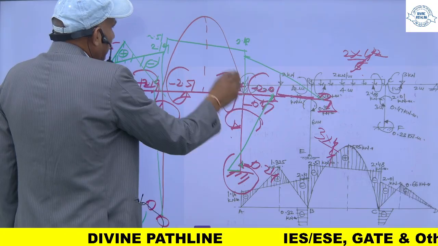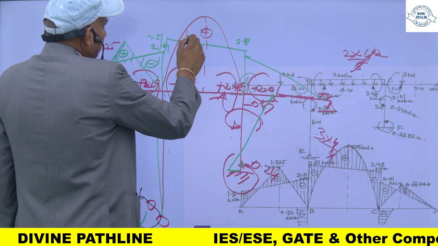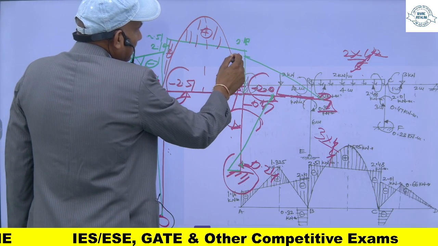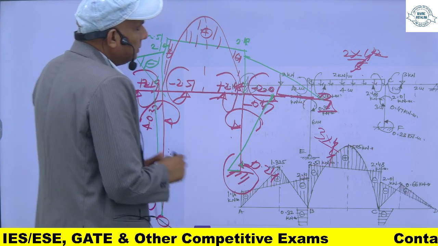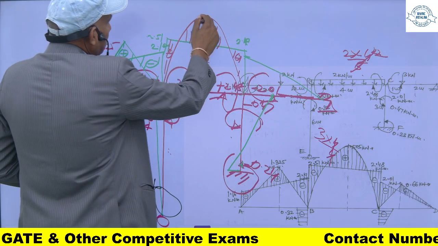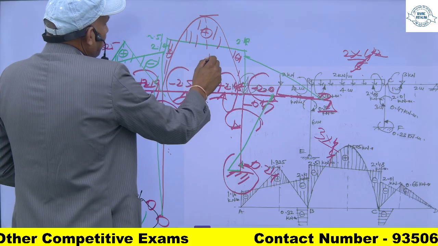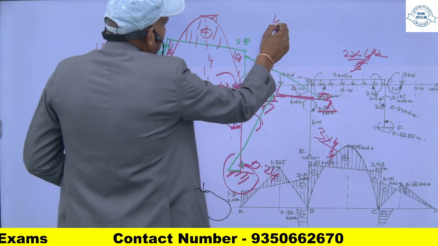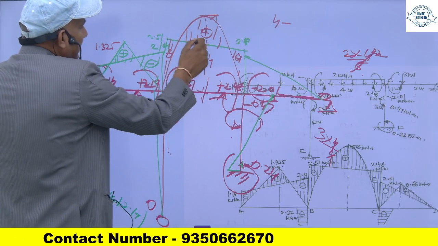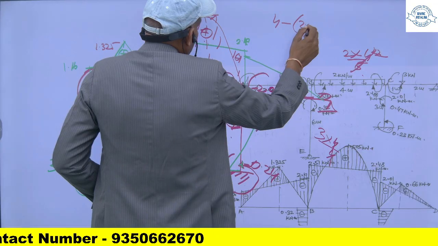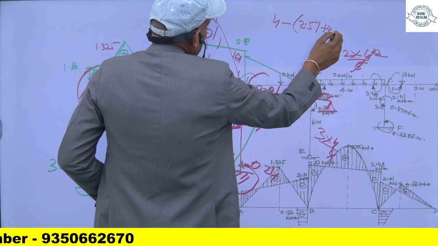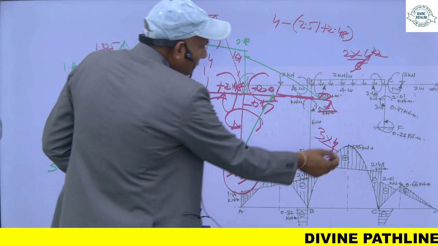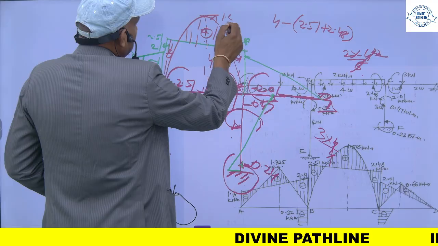This will be parabolic. So this is 4, total is 4. This total is 4. So exactly mirror, this will be 4 minus average of this and this exactly at the center. This will be 1.505.